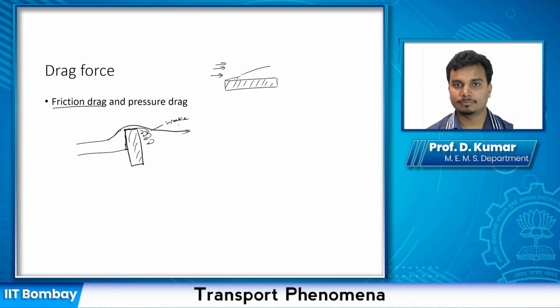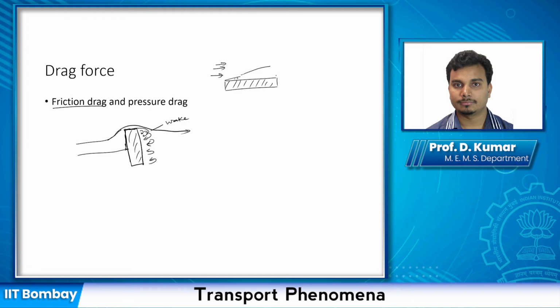You may have seen such a wake formation, for example, close to the boat, when sailors sail, close to the paddle there is some wake formation, and close to pillars in river bridges you will see wake formation and so on. Now this surface is obstructing the flow in a different way than this case.